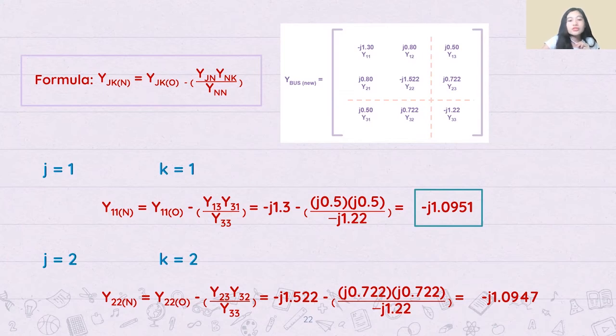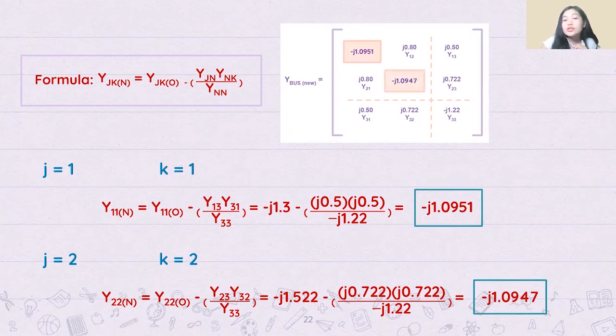Substituting our values from the matrix, that is negative j 1.522 minus j 0.722 times j 0.722 all over negative j 1.22, as negative j 1.22 is the constant value we use as a denominator. And solving this equation, we arrive at an answer of negative j 1.0947. Let us substitute it right away into our matrix so we don't get confused. So y sub 1,1 is negative j 1.0951 and our y sub 2,2 is negative j 1.0947.